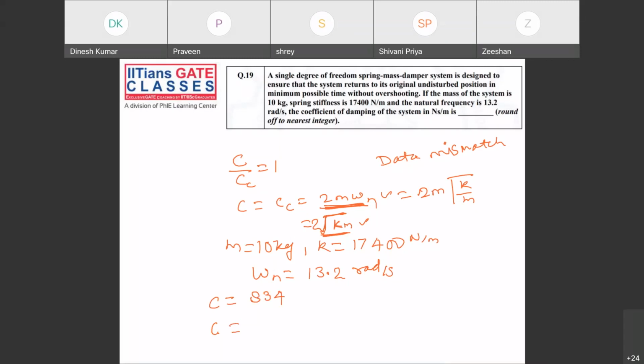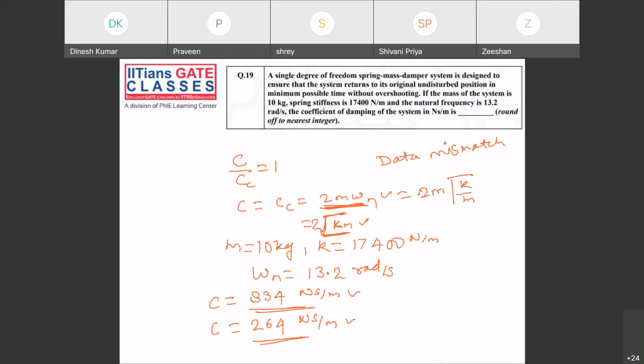So what happened in the final key? They gave both the answers, a range covering both. These answers were counted correct only for those who attempted. Either they gave answer 834, or they gave answer 264, and then they got the marks.